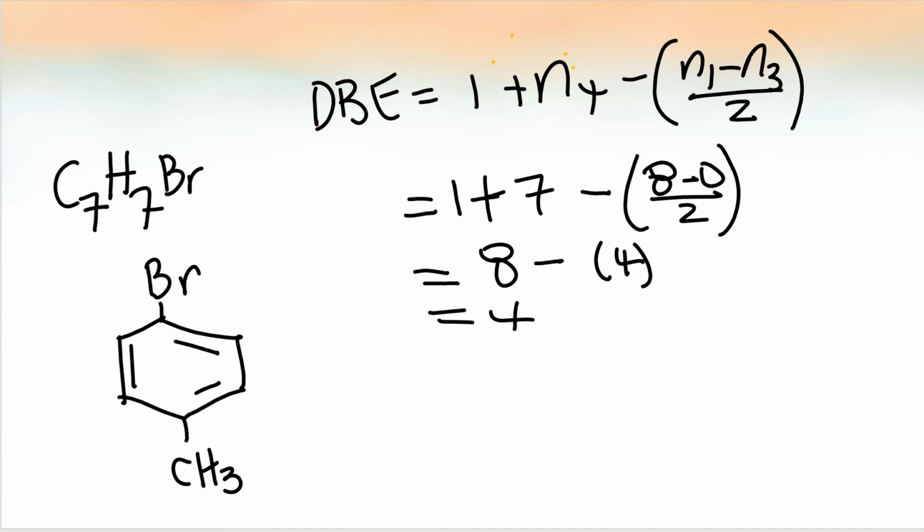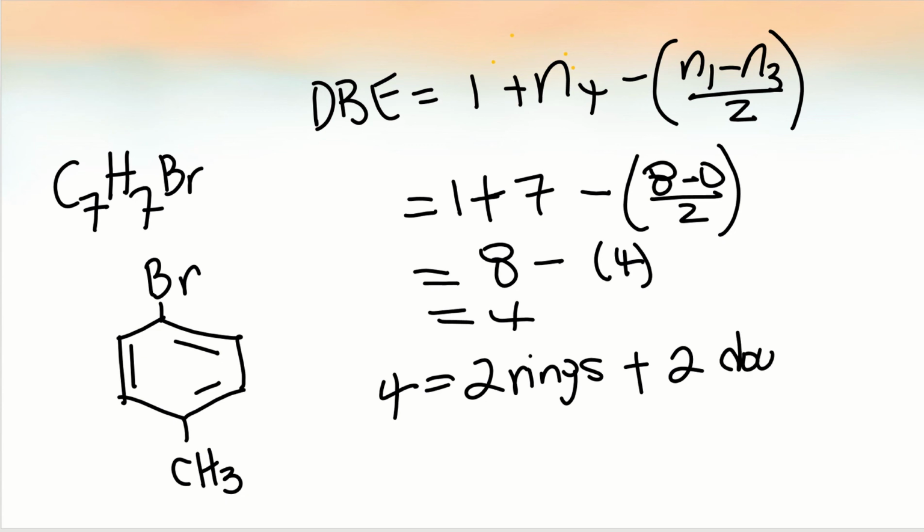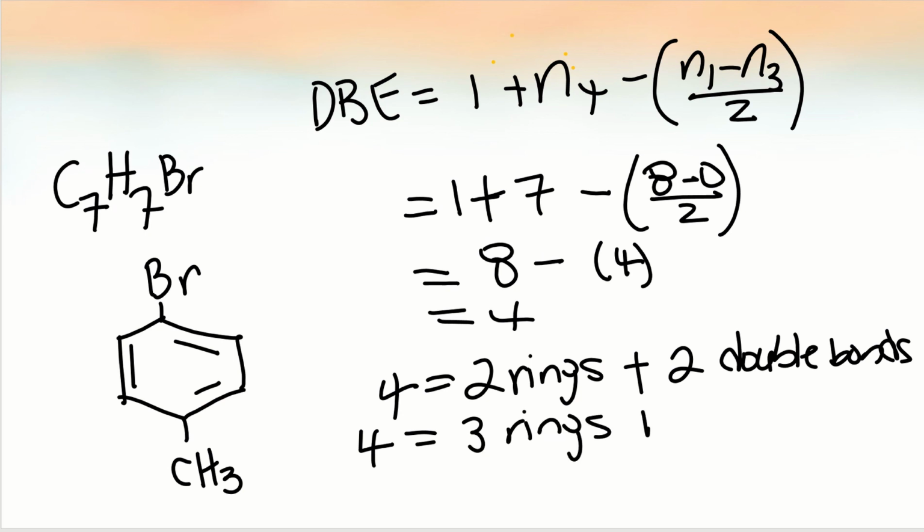So 4 could mean, for example, 2 rings and 2 double bonds. So we're not going to know. Once we get a number, we don't know. What we have here is 1 ring and 3 double bonds.